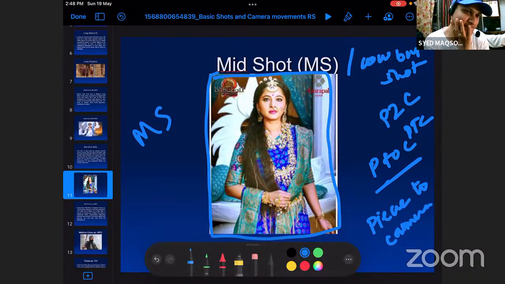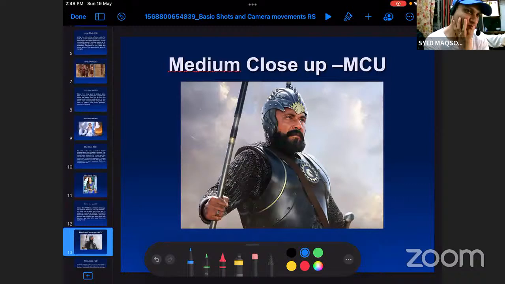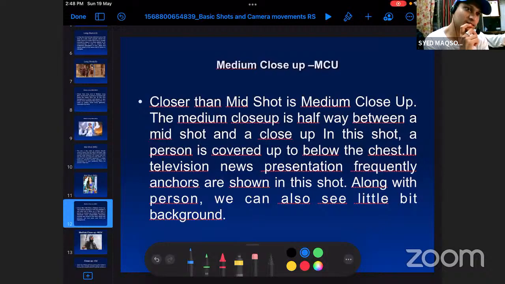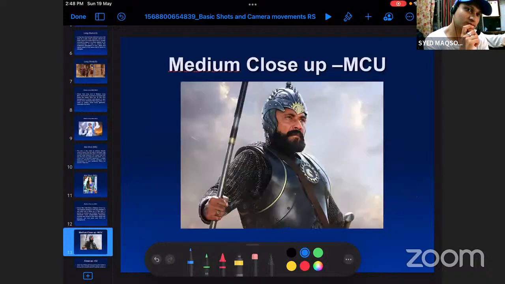Then this is a medium close-up, above the waist and below the chest. Whenever you observe the TV screen, like from the newsroom studio, the anchor presenting news from the studio, this medium close-up shot is used.